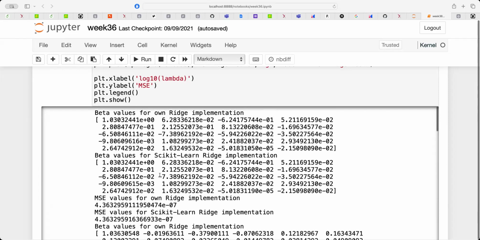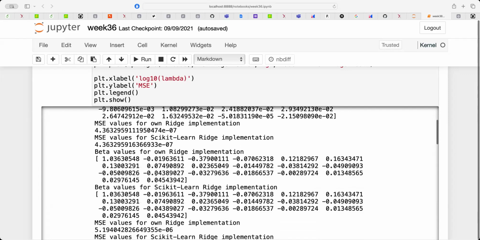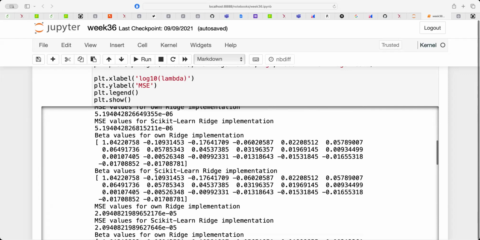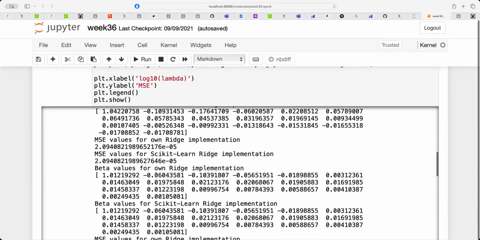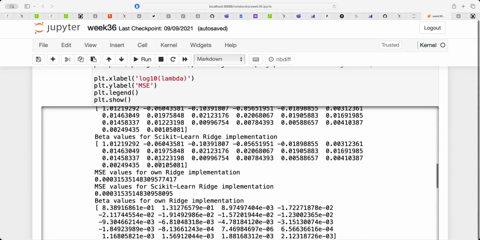But then when I am now increasing the value of lambda, if you go down now, you will see that some of the parameters here tend to become smaller and smaller. So what I'm doing now, with this parameter lambda, I'm making some of the degrees of freedom less and less important. So if I have a 19th order polynomial, the components from 19th, 18th, 17th order are becoming smaller and smaller.